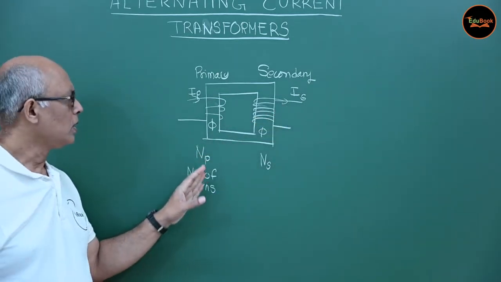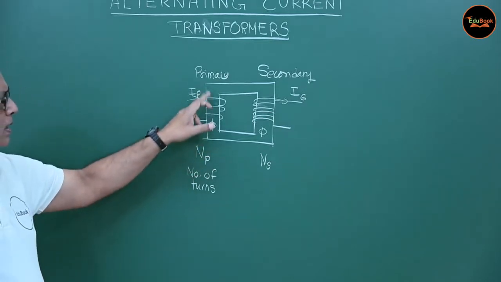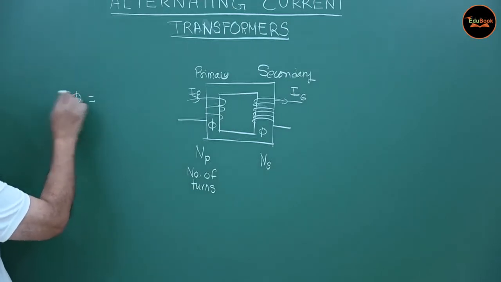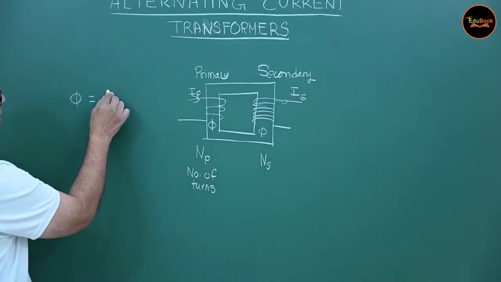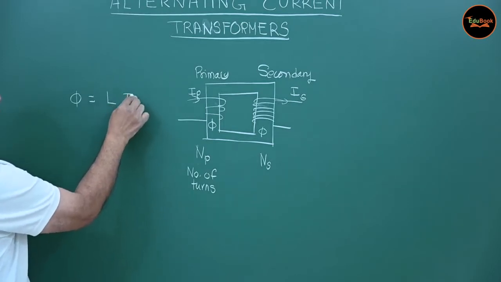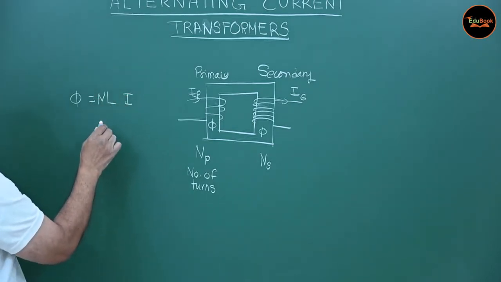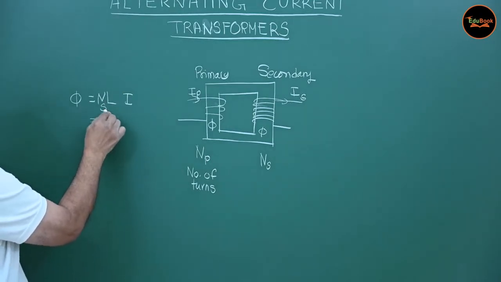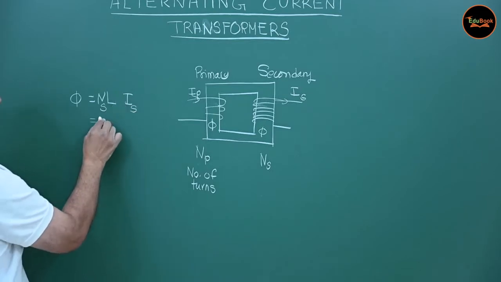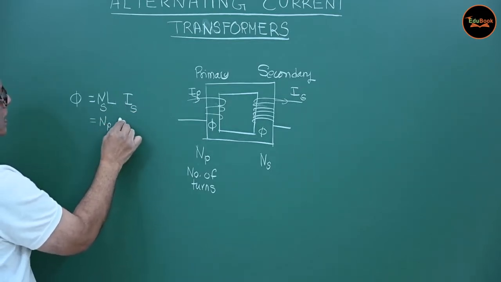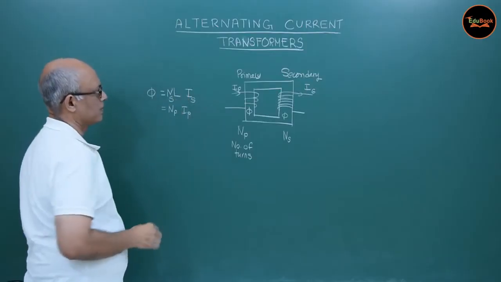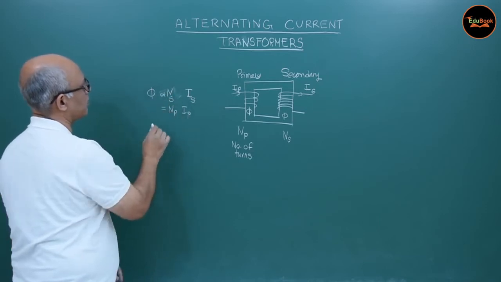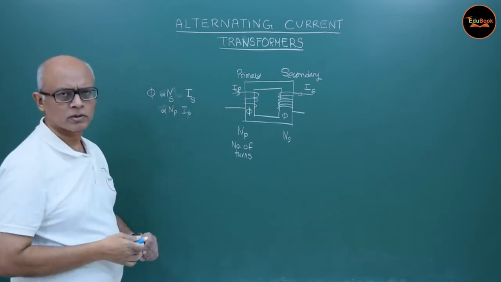Now you know that the flux linkage in any of these systems is going to be equal to N L I, and that is also equal to N_S I_S is equal to N_P I_P here. So we'll write it as proportional to.